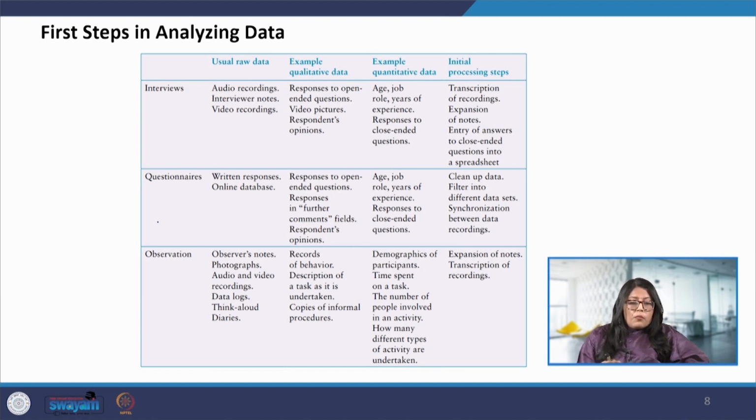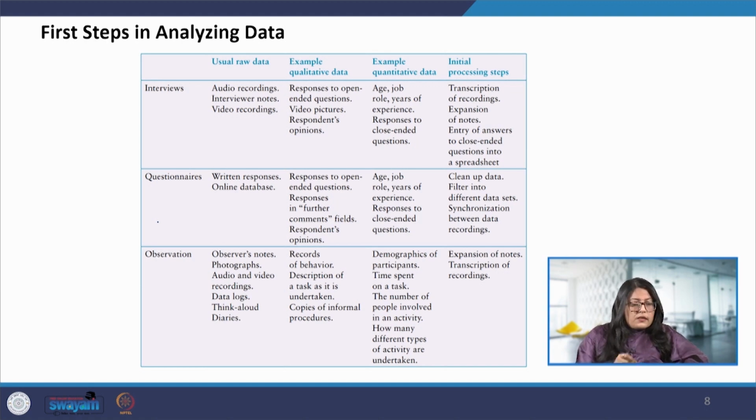So, they all form the qualitative data. And the quantitative data will include the age, job role, experience, similar kinds of data that we get. And for processing it, we will use transcription of recordings, or we will expand the notes.